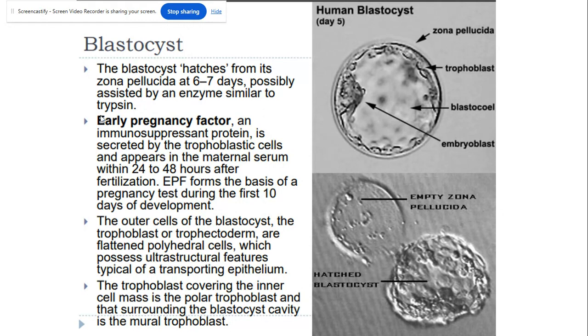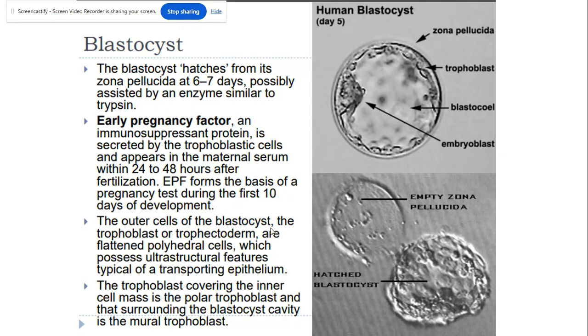All right, early pregnancy factor, an immunosuppressant protein, is secreted by trophoblastic cells and appears in the maternal serum within 24 to 48 hours after fertilization. EPF forms the basis of pregnancy tests during the first 10 days of development.